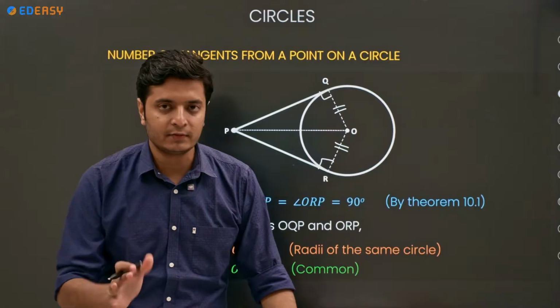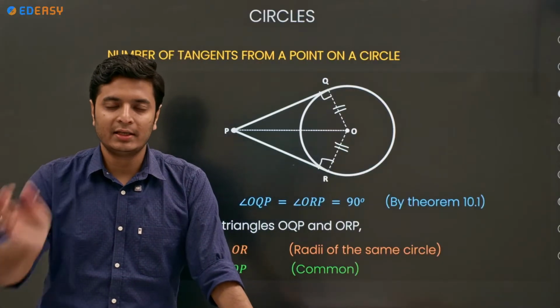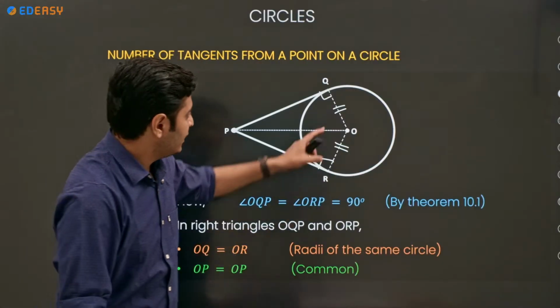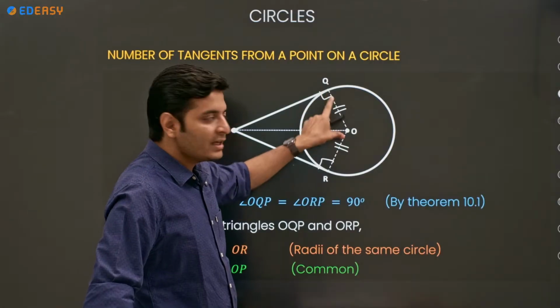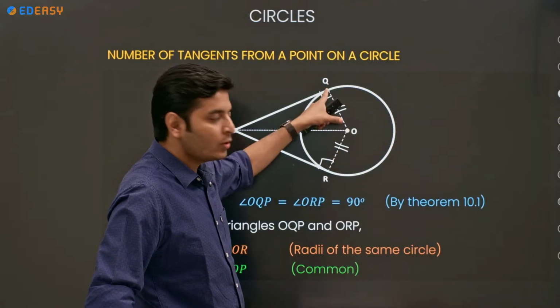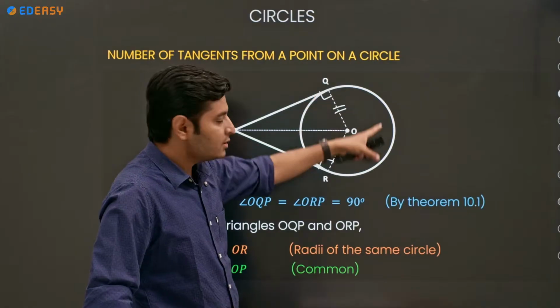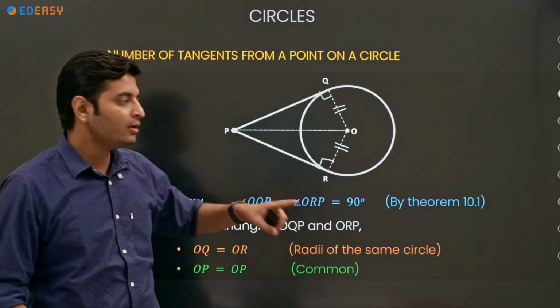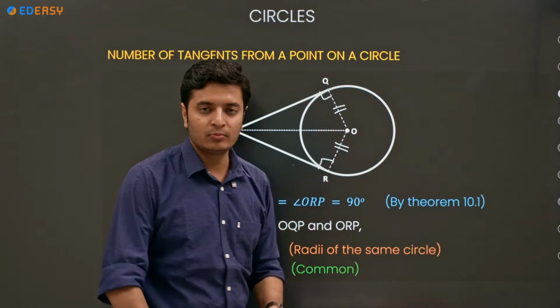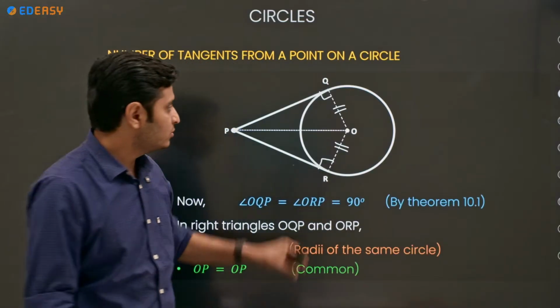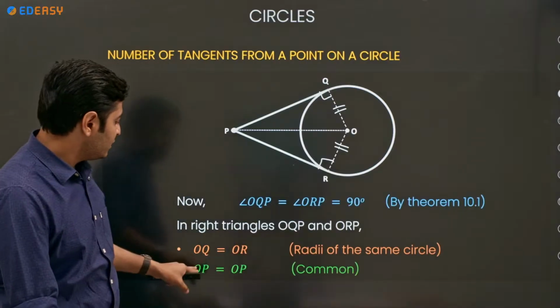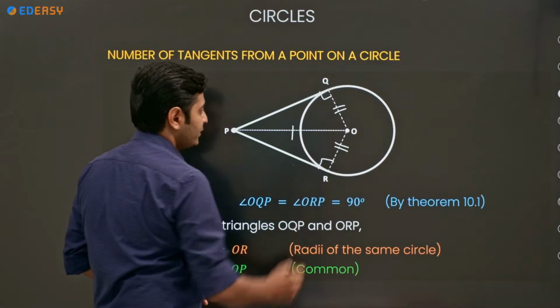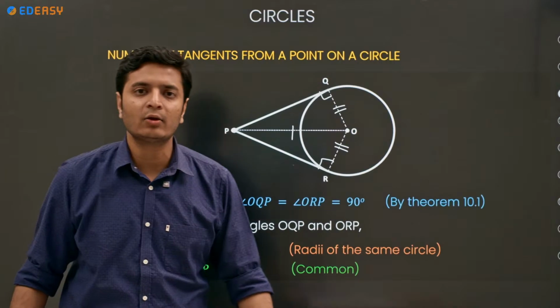Because they are radii of the same circle. In any circle, the length of the radius never changes, no? OQ is a line segment joining the center with a point on the circle. Same goes for OR. So both of them are radii, so they are equal. Now we can also see that OP is equal to OP, of course, it's the common side.